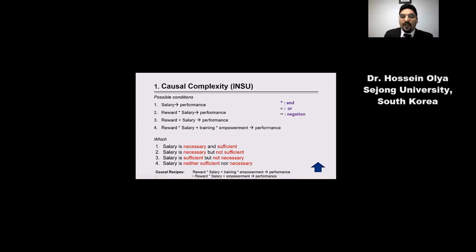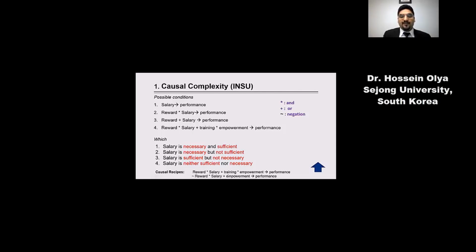We have other models, like if you have increased salary and empowerment in your hotel, still if you don't have a reward system, some of your employees have a high level of performance. So you see that in this method, we are not just seeking one simple condition.